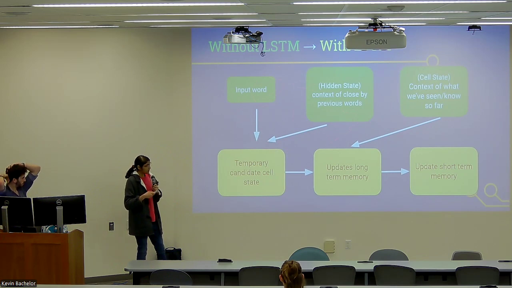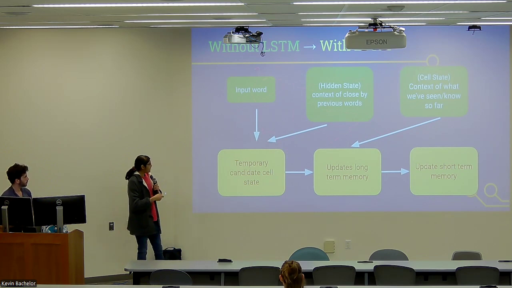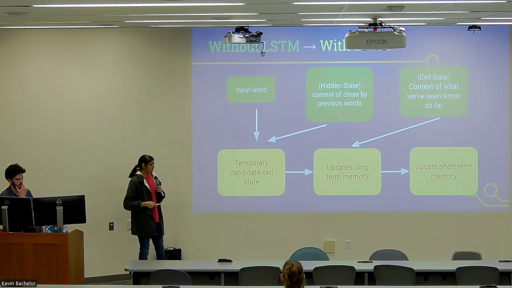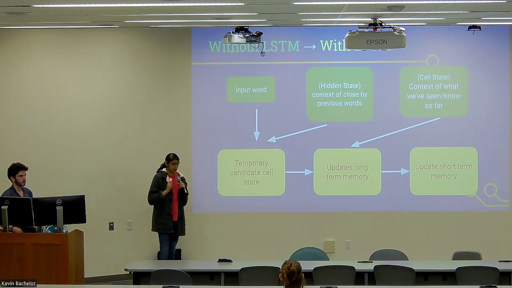We look at the cell state of mat, and then we combine the input word, and, with that hidden state of mat, and we get the candidate cell state. Then we take the cell state of mat, combine it with this candidate state, and combine it in such a way that we can update our long-term and short-term memory. Are there any questions on this process at a high level?